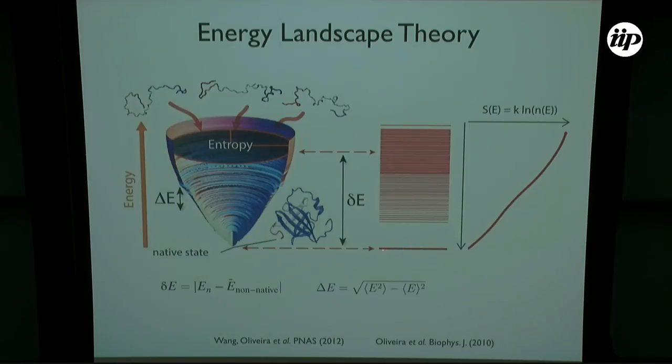As you can see, there is a gap between the states, and we can also project onto a one-dimensional landscape the log of the density of states, which is somehow the configurational entropy. So we have the theory that we can describe.